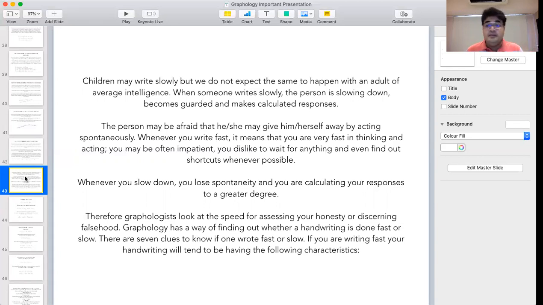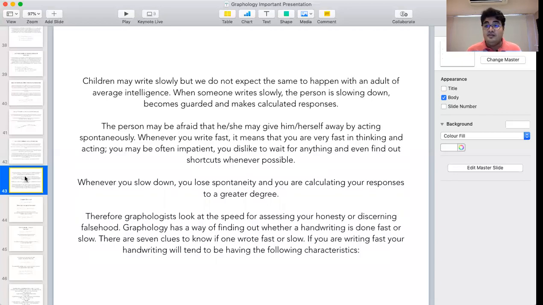Whenever you write fast, it means that you are very fast in thinking and acting. You may often be extremely impatient. You dislike waiting for anything and even find shortcuts whenever possible. Even if you're waiting in a long queue, that person would go crazy, thinking, why isn't the line going fast? What are people doing right now?